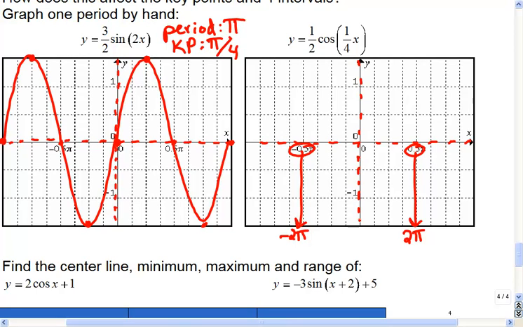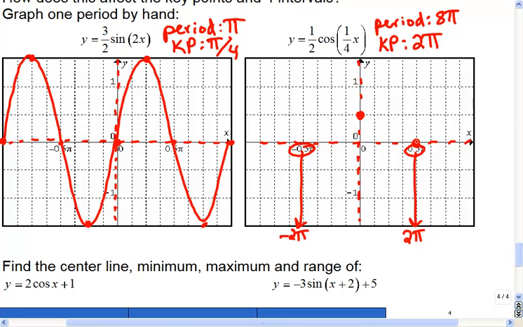It has an amplitude of a half and a period, which is going to be 8 pi. That means the key points will be every 2 pi units on my graph. So that means for the cosine, I start at the maximum, which will be here. Then I go 2 pi units over before it touches the center line.